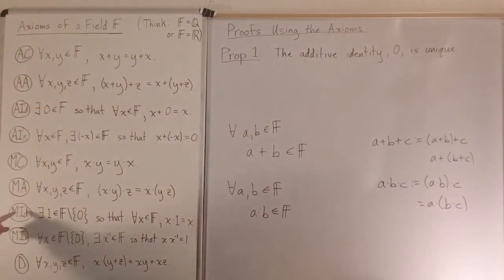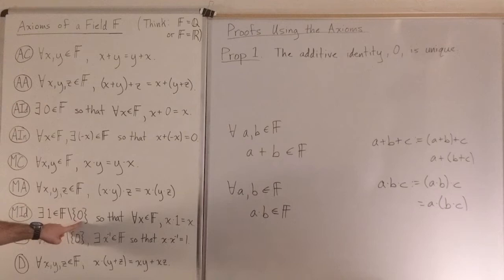The next axiom we have is a multiplicative identity. What this says is there exists some special number we call 1 in the field, and we have to also specify that 1 is not equal to 0, and that's what this notation is saying. This is set subtraction. I'm taking the set of elements of F, and I'm getting rid of the set containing the 0 element, the same 0 as up here.